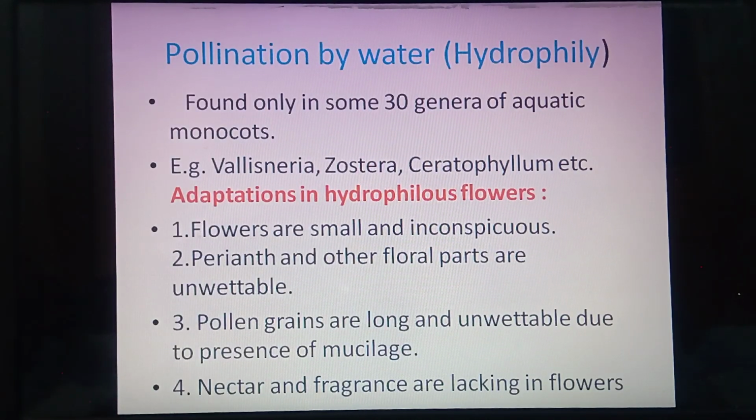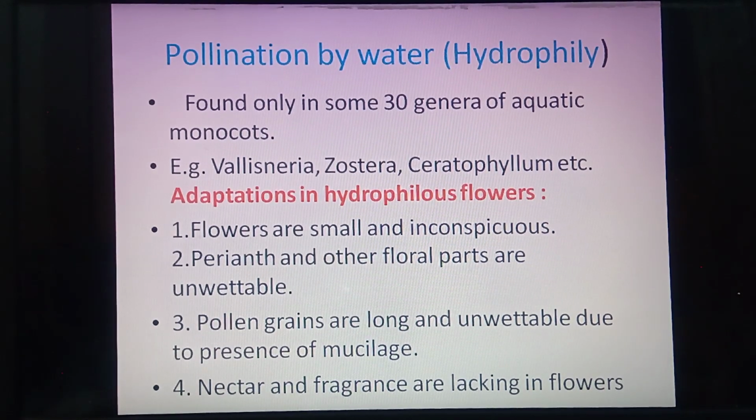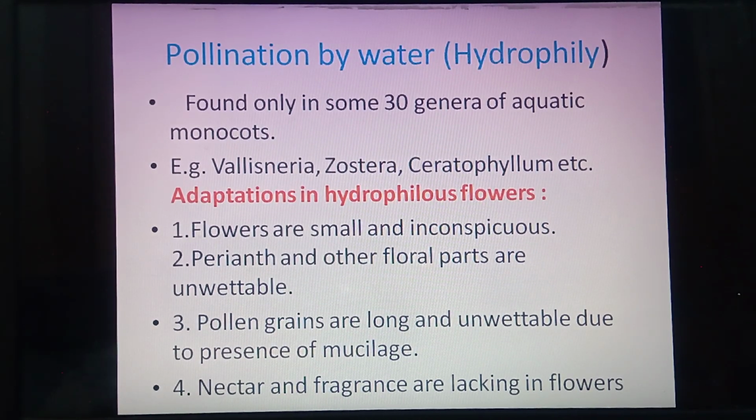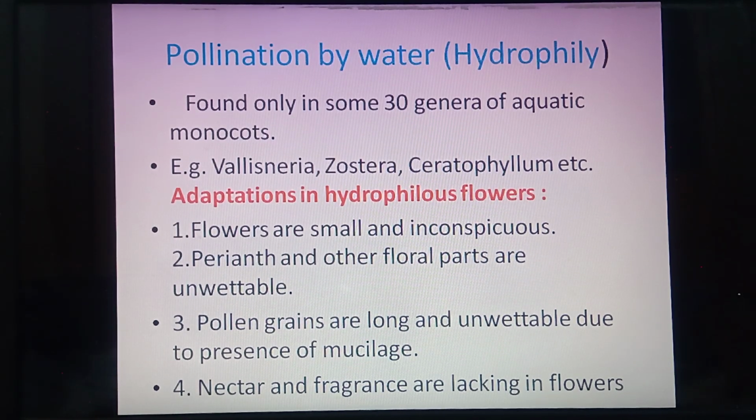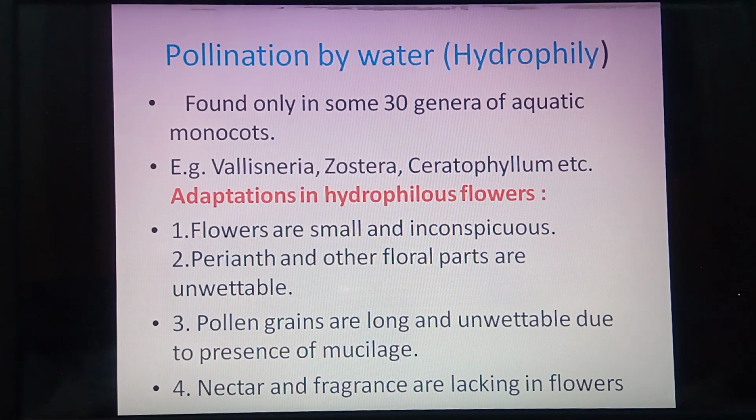Besides that, some modifications are also observed in the pollen grains. The specific gravity of pollen grains is determined by the starch grains present in those pollen grains. As per the number of starch grains present inside the pollen grain, their specific gravity is determined.